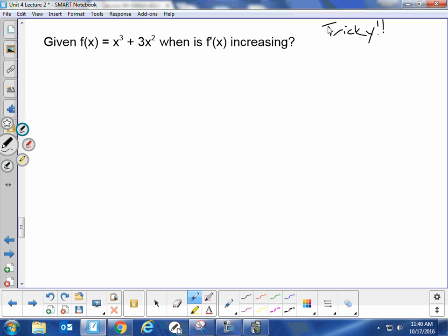Discuss with your neighbor what you think you should do to tackle this problem. My advice would be to go back into your notes and look at when we were talking about when things are increasing. What do we look at?